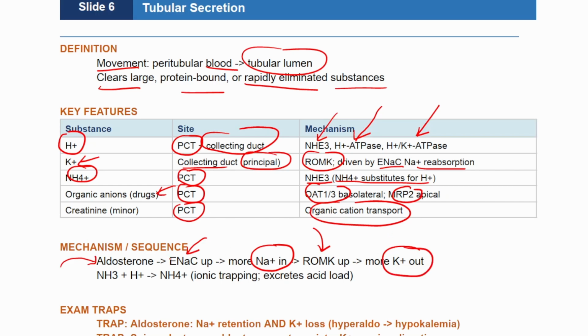And as we were talking about hydrogen ion being toxic in too much amount, hydrogen ion gets added with ammonia, which becomes ammonium in the tubular lumen, and it cannot get inside the cells anymore because charged ions cannot cross the phospholipid bilayer, and thus the acid is excreted in this fashion, keeping our pH levels in check.